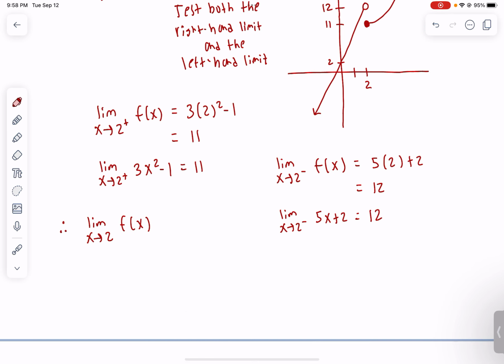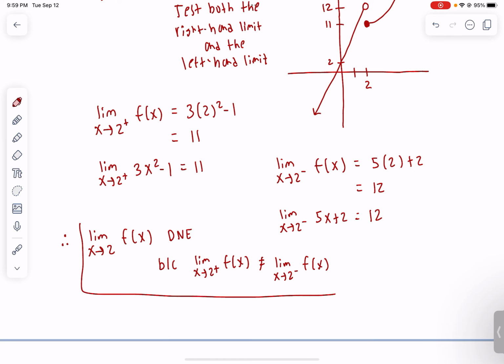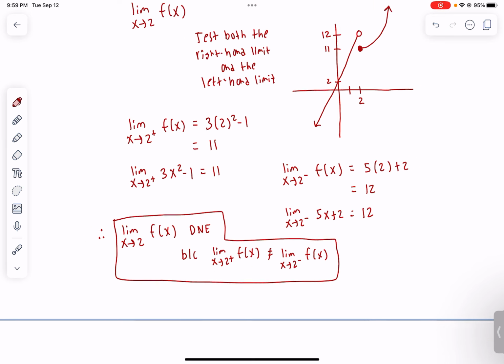So therefore, the limit as x approaches 2 of this piecewise function does not exist, because the limit as x approaches 2 from the right-hand side of f of x does not equal the limit as x approaches 2 from the left-hand side of f of x. Okay, so that would be your final answer for this question. So hopefully that makes sense.